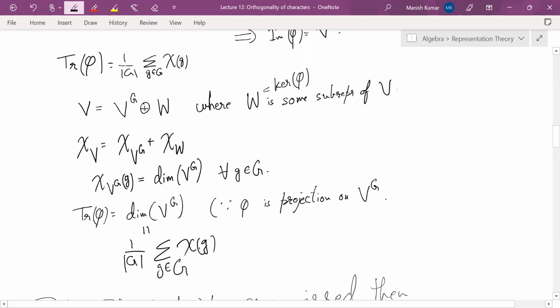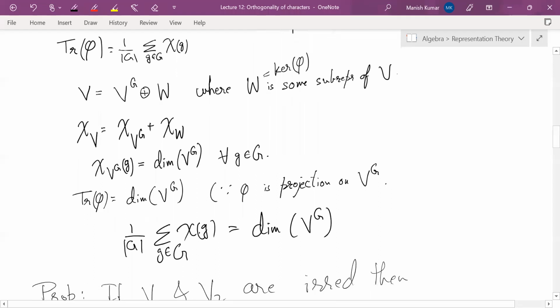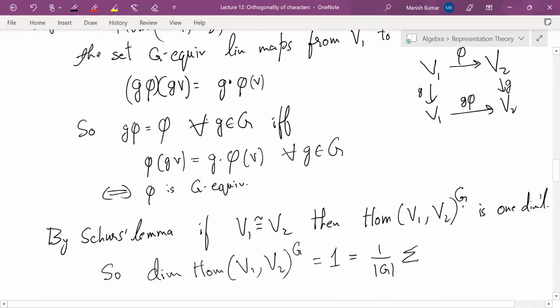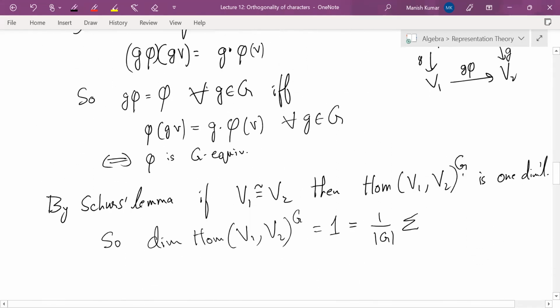So maybe I'll write this more clearly here. This is the dimension of V^G, and this is the identity we'll use. So this is the dimension of chi of Hom(V1, V2) at g.